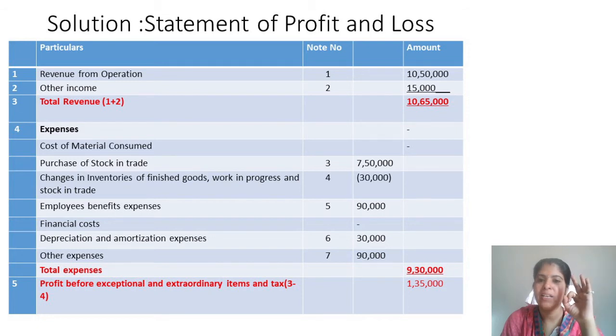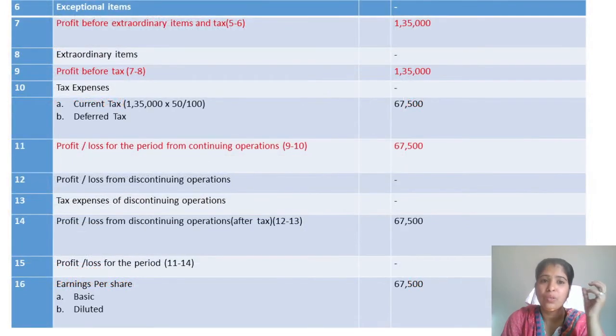So you are getting a difference of 1,35,000: 10,65,000 minus 9,30,000. Next is exceptional items. In this particular example, we don't have any exceptional items. So profit will be the same, carried forward. That is profit before extraordinary items, serial number 5 minus serial number 6.